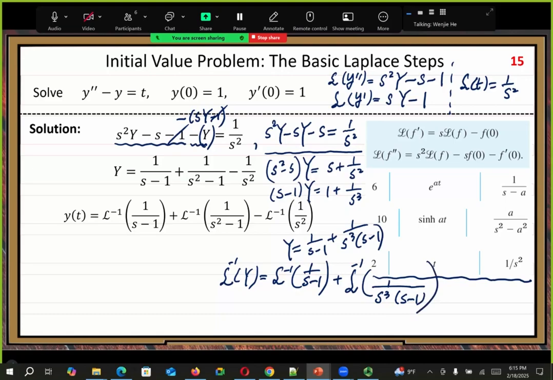Okay? Then we apply the formula 1 over S minus A. So that's easy, right? A equals 1. So the first term is e to the t.